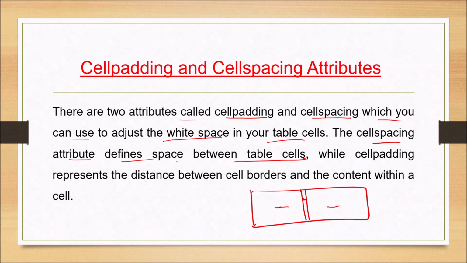This is the space which is specified by cell spacing, and cell padding represents the distance between cell borders and the content within the cell. Whatever you are writing here, suppose you are writing attribute, cell padding represents the distance between cell borders and the content.